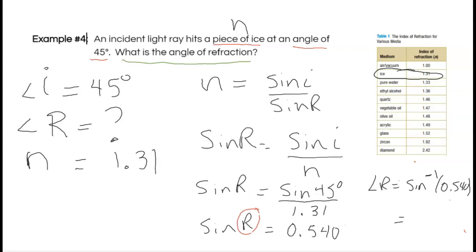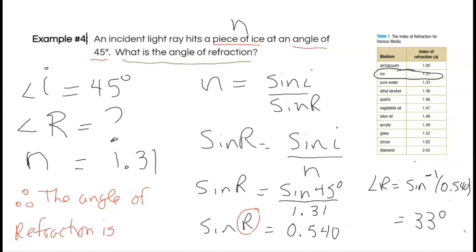And if I'm rounding that to the nearest degree, I'm getting 33 degrees. And so, to finish this off, I would say, therefore, the angle of refraction is 33 degrees.